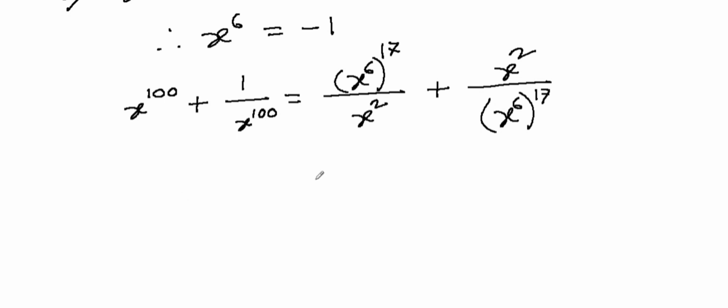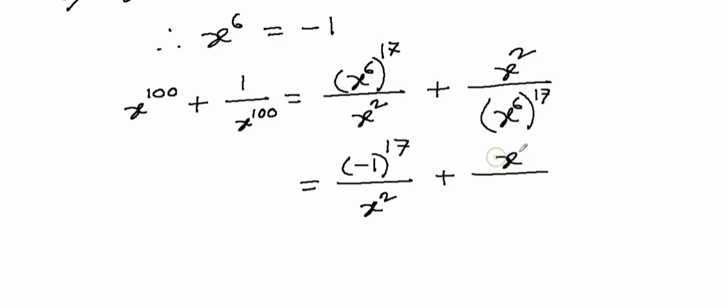Okay, now here we know the value of x to the power 6 is minus 1. So (minus 1) to the power 17 times x squared plus here x squared, x to the power 6 value is minus 1 to the power 17.